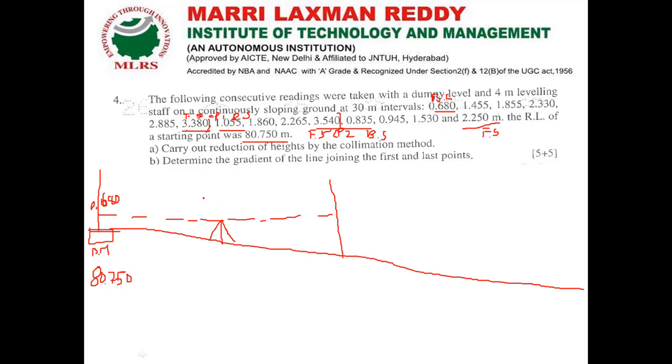So 81.43 meters is the height of collimation. That means after leveling, the height of this line with respect to the benchmark is 81.43 meters. Now at every 30-meter interval they have taken the readings.